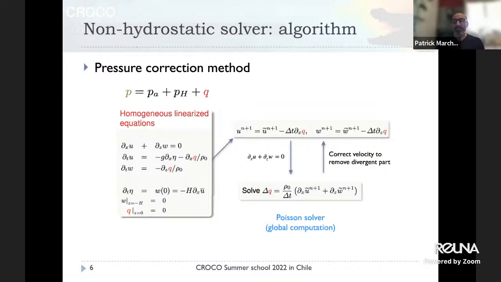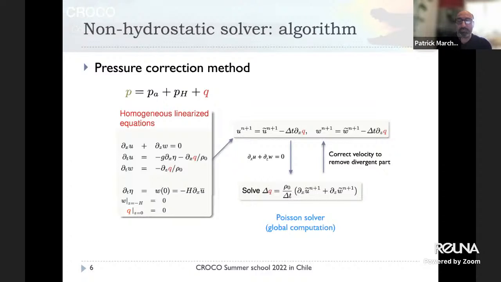That is, it's the compression that breaks the divergence, and the compression is sending acoustic waves to correct the loss of non-divergence. The problem here is that it is done immediately, as if acoustic waves were infinitely fast, and they will correct the divergence right away.